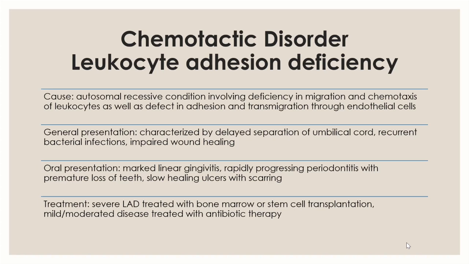Oral presentation, patient may show marked linear gingivitis, rapidly progressing periodontitis with premature loss of teeth, slow healing ulcers with scarring. Treatment for the severe case, mainly treated with bone marrow transplantation or stem cell transplantation, the mild and also the moderate case with antibiotic therapy.